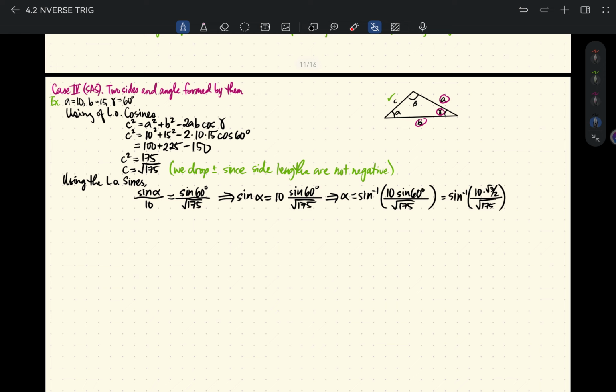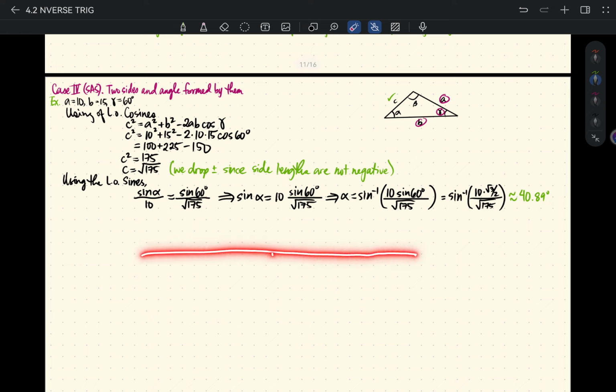And if you plug this one in a calculator, what you'll get is approximately 40.89 degrees. Okay? However, this is not the only possible solution. Why?